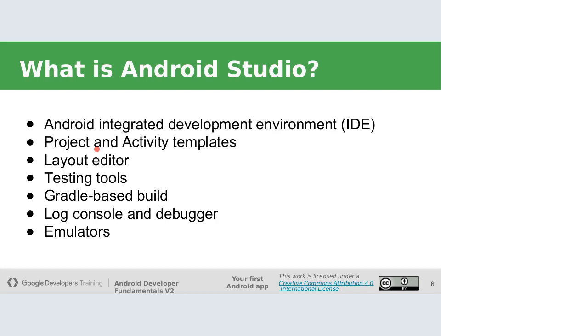If you want to add a map on your application, there is already a template that comes with Android Studio. We just need to select it. Then we have the layout editor, which helps you, using drag and drop, to create your layouts very easily. It also comes with some testing tools.